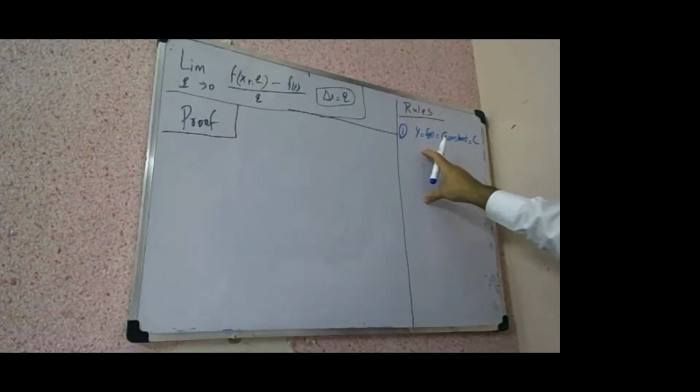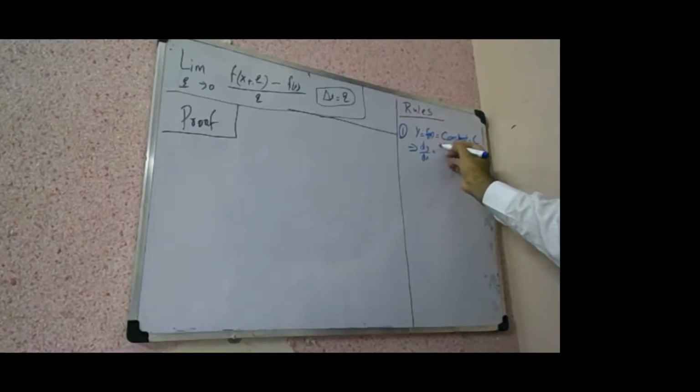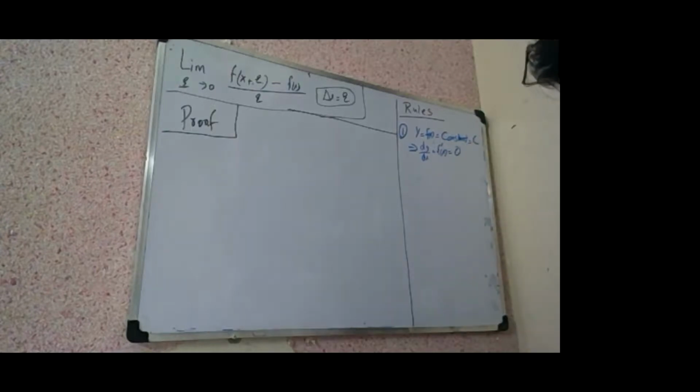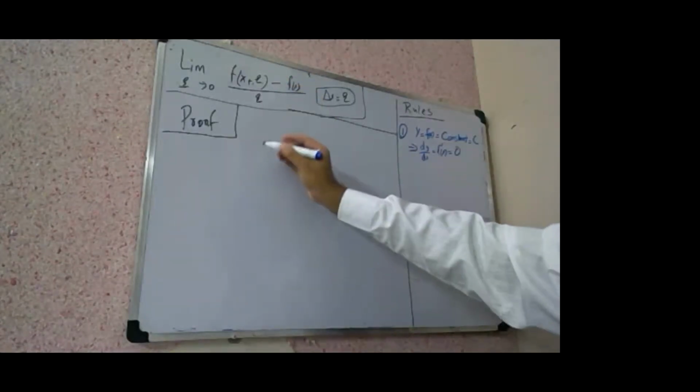So we can say, if this is the situation, then dy by dx, which we also can give a notation of f prime of x, equals 0. How? Very simple. We know this limit, right?